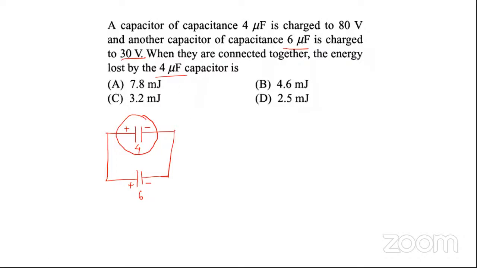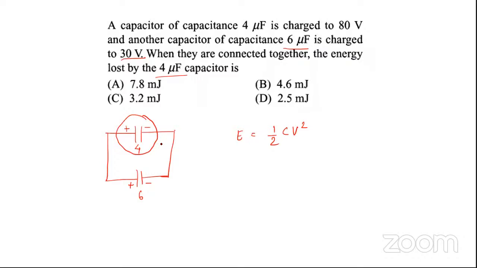Alright, I'll give you a hint. See, how do we find the energy of a capacitor? The energy of a capacitor is given by half CV square. Now what is happening in this process? The voltage is getting changed.